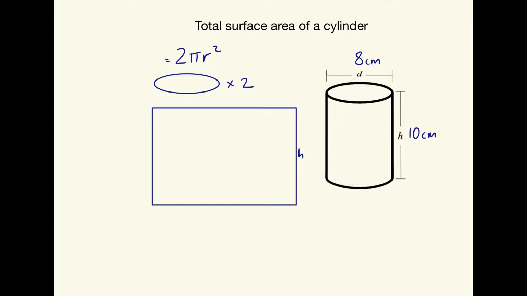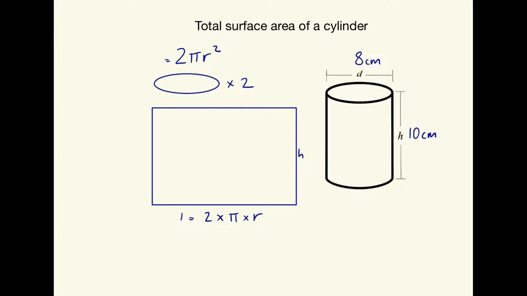Let's write it below in our rectangle that the length is equal to the circumference of this circle, right? The circumference. And we know the formula for the circumference of a circle, that is 2 times pi times radius, right? That's the formula for the circumference of a circle.